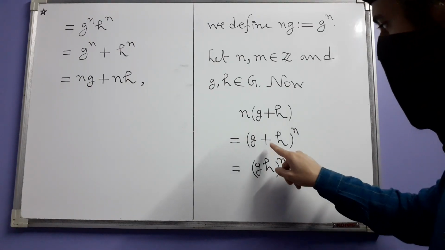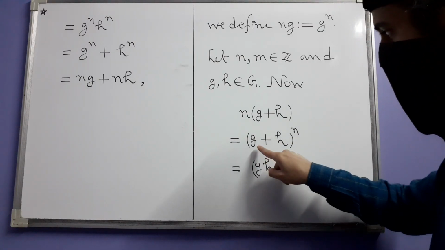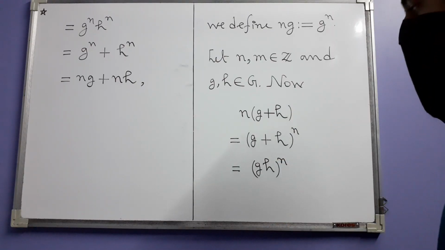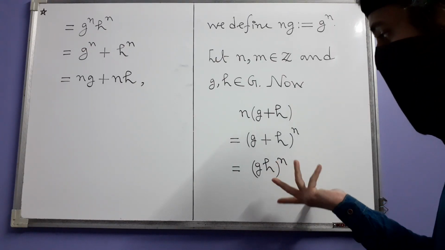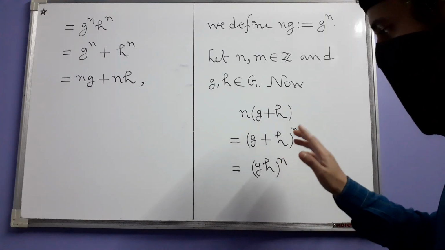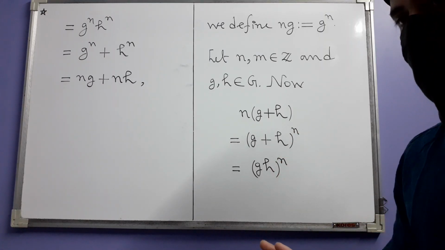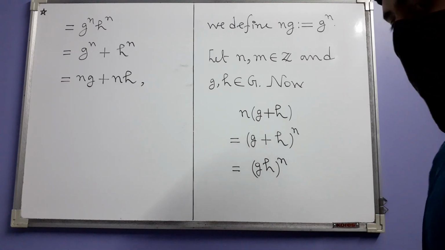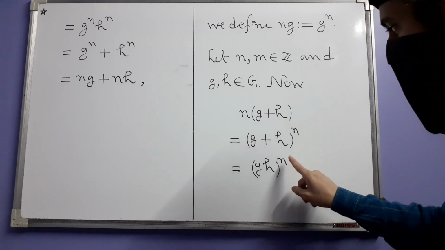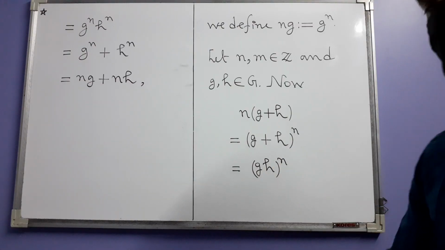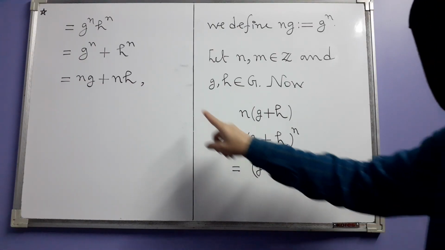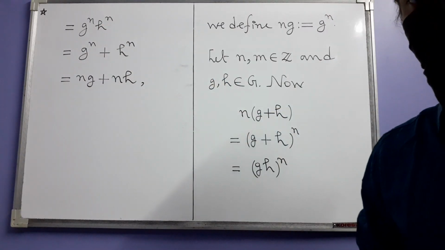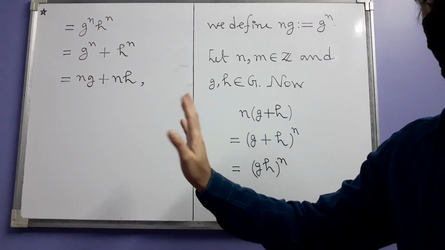But this is still the same thing. g plus h and gh mean the same thing in this context. Why did I write like this though? That is to remind you of something that we have already seen in group theory. When the group is abelian and you have the nth power of a product like this, then that equals the nth power of g times the nth power of h. This does not happen in a non-abelian group.